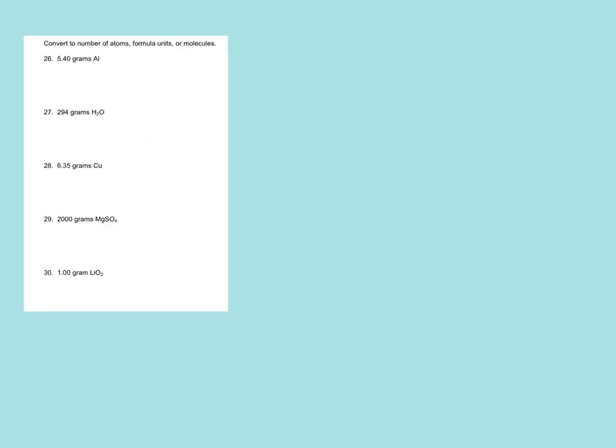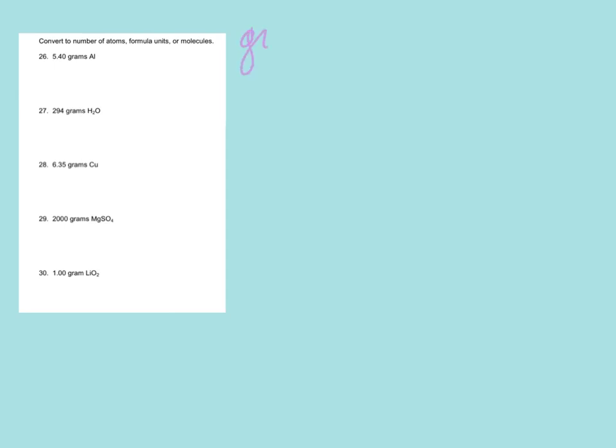Okay, last set is here. So this is the inverse of the ones we just did. This time we're going from grams to moles to molecules. And molecules is particles.